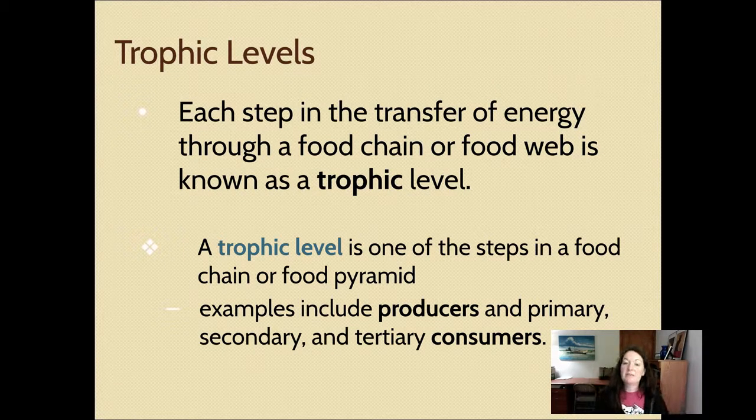So there's different types of consumers that we'll talk about, but producers, there's just one producer that makes their energy from sunlight or chemicals if it's in the ocean. And then there's different types of consumers depending on if those consumers are eating producers or if they're eating other consumers. So we'll talk a little bit about that in the next few slides.